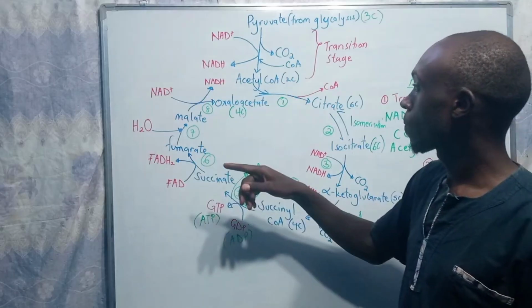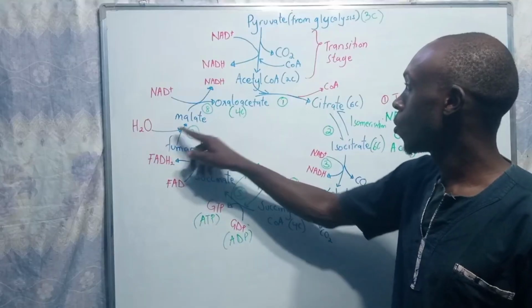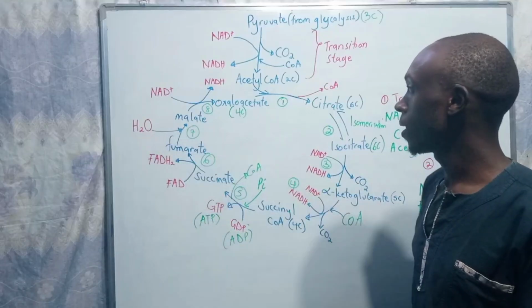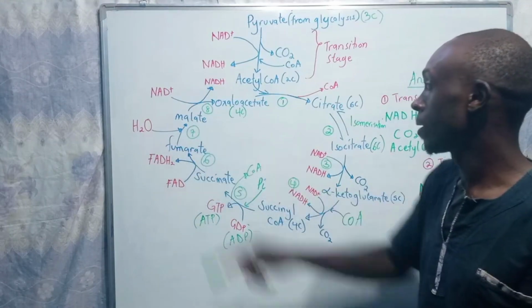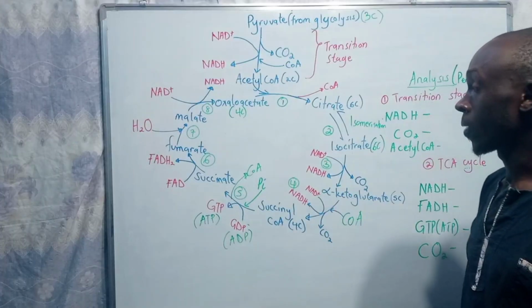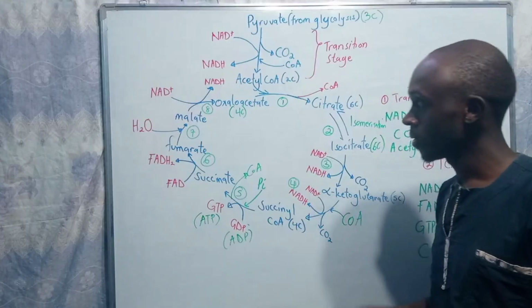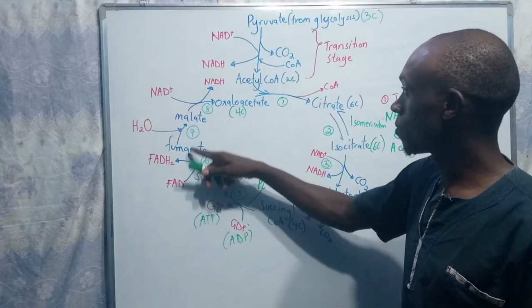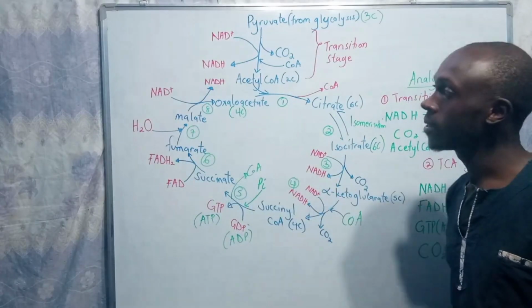From fumarate to malate, we have the addition of a water molecule, and this stage is called hydration. In the hydration stage, we are adding water. After adding water, we form malate. Sometimes you can call it malic acid, but we have used the anion, which is malate.